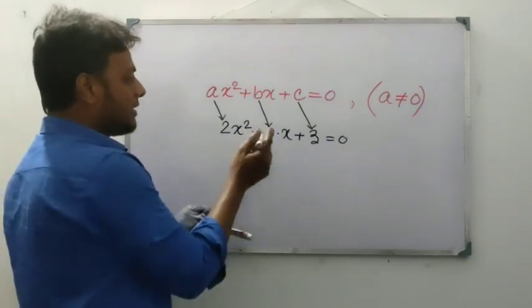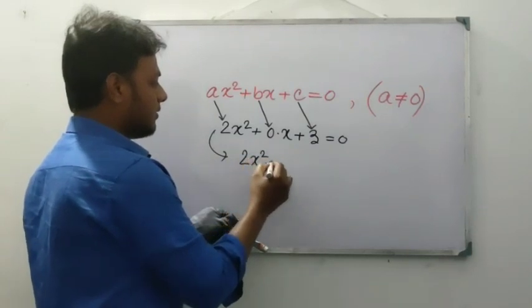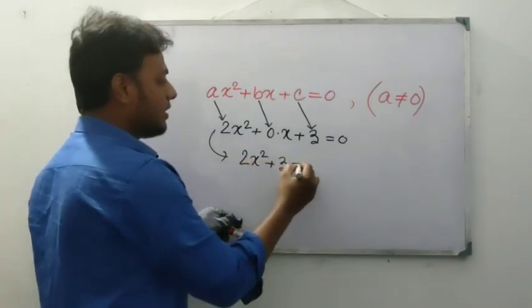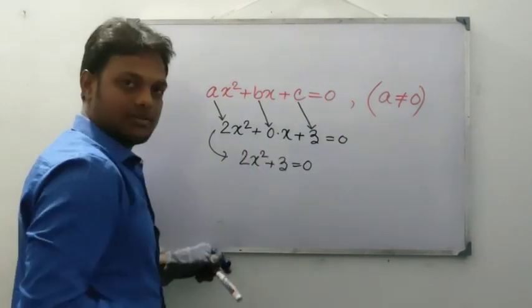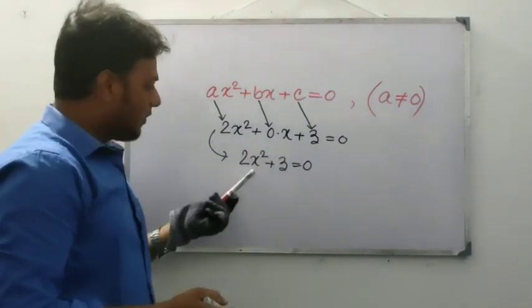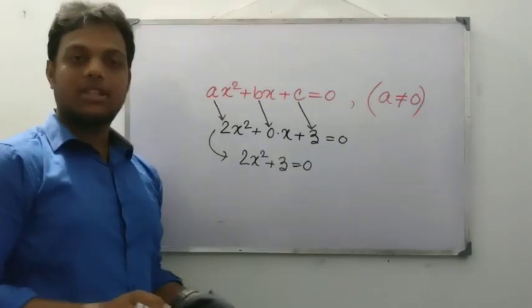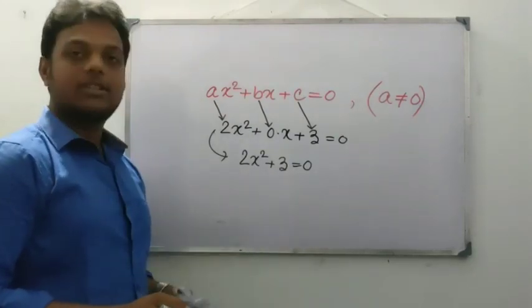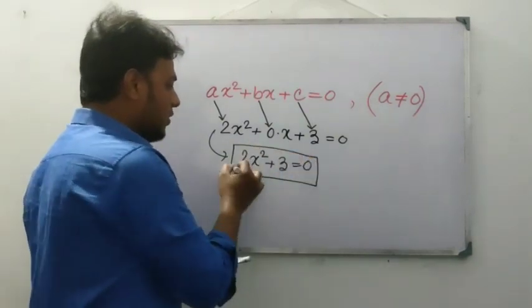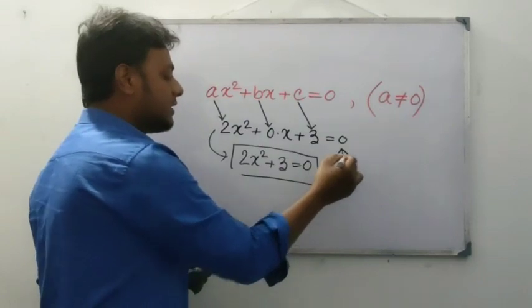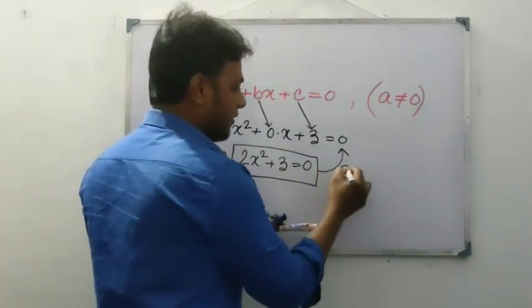Actually 0 into x, this equation is nothing but 2x square plus 3. In your book you will get the equation in this form. They will not write 0 into x. Understood? They will give only 2x square plus 3 equals to 0. And you have to find out the degree of this equation, and the degree is obviously 2. We have converted this equation into the standard form. This is the standard form.